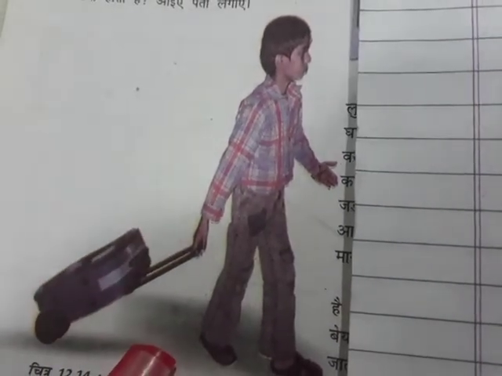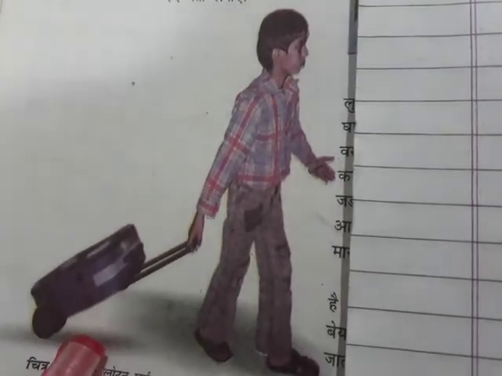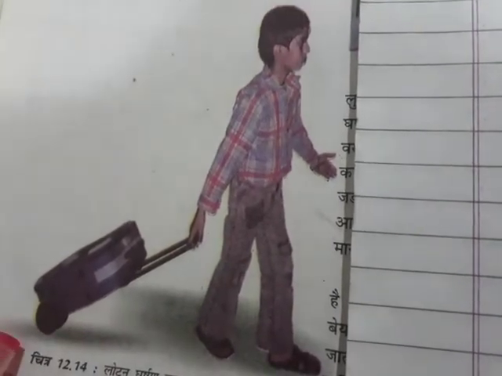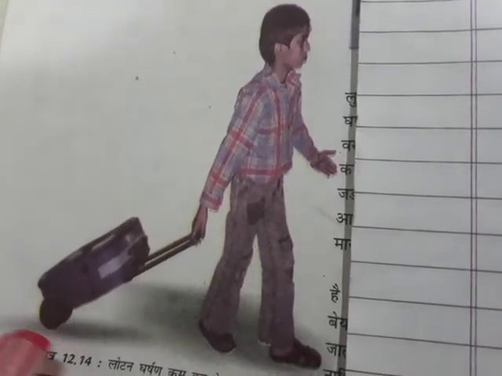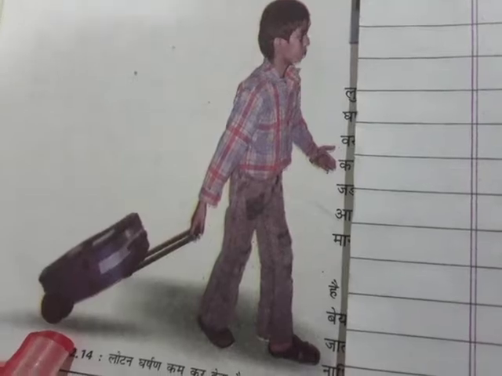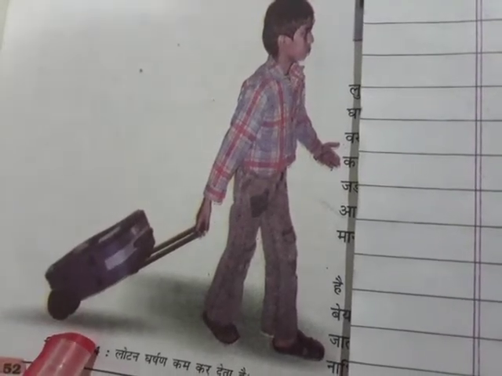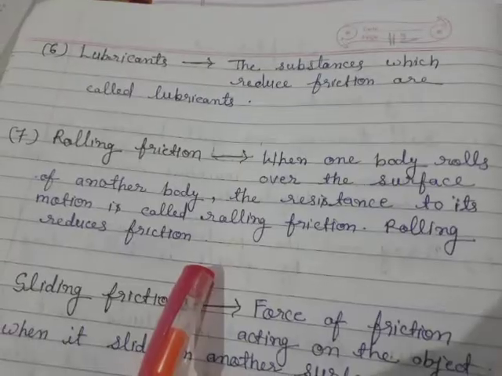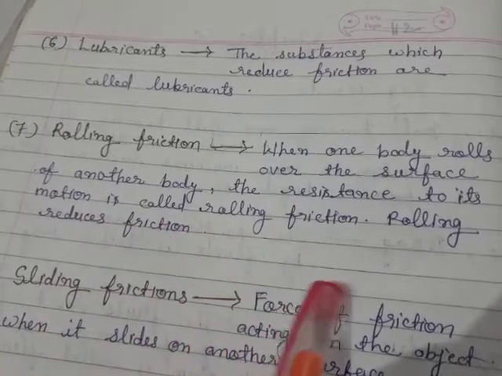You must have seen suitcases and other pieces of luggage fitted with rollers. Even a child can pull such pieces of luggage. So, we will define rolling friction like this.